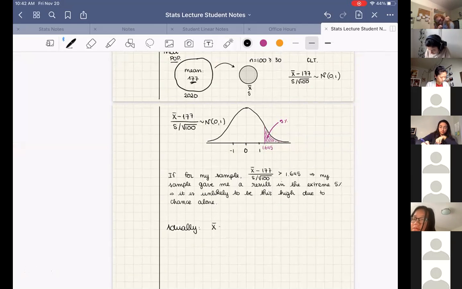Okay, so actually, x bar is equal to 183. It turns out that for your sample, you found an average of 183 pounds and a standard deviation of, I believe 20. No, 22.